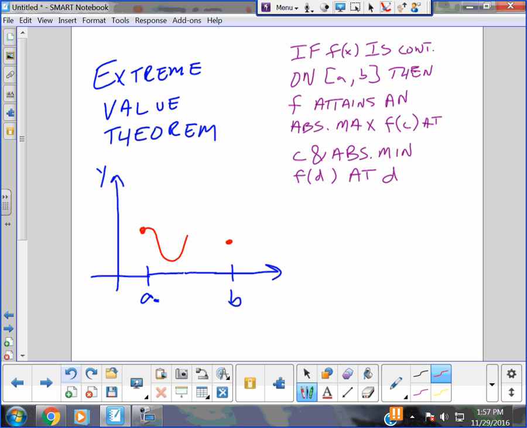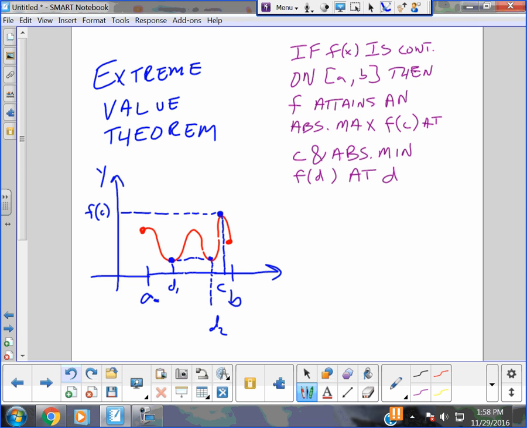You guys picture kind of a trig function? All right. You can see that there's an absolute max right here, right? And that would happen at C, is what we've been calling it, and this would be f of C. That is the absolute max of this function. But I want to be clear, this has 2 absolute mins this time. So maybe I call it D1 and D2.